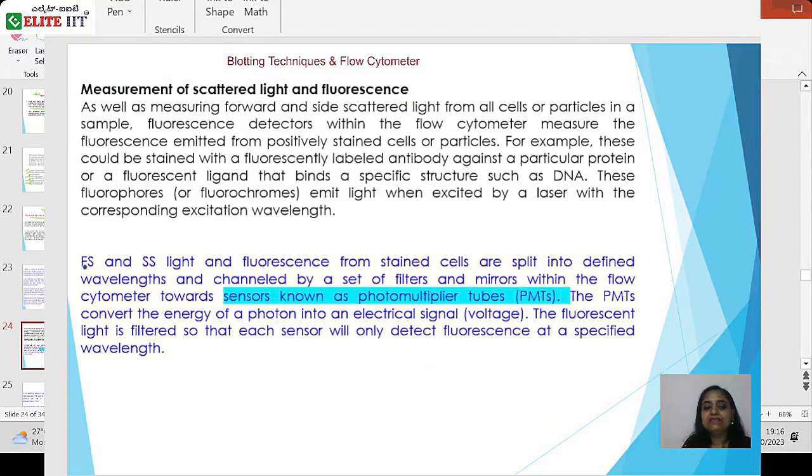Now measurement of scattering light and fluorescence. In this case, FS and SS light and fluorescence from the cells are split into defined wavelengths. And whenever light is going towards any substrate or particle, it will give you different wavelength peaks. So it is split into defined wavelengths and channeled by a set of filters. As I told you, filters are given in the pathway.